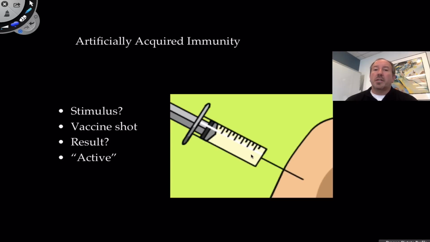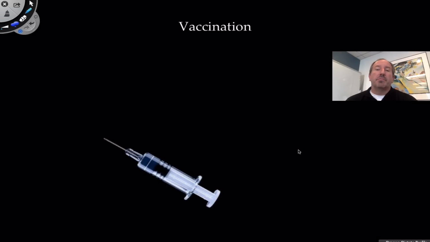So in other words, if you got a shot for chickenpox vaccination, you may not get chickenpox ever, even if you're exposed to it, because you have memory cells that are able to produce antibodies against that chickenpox, and so therefore you would have immunity.